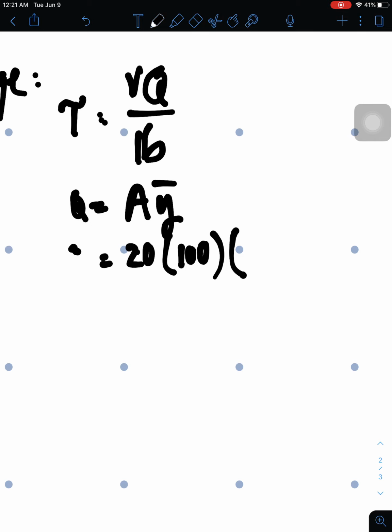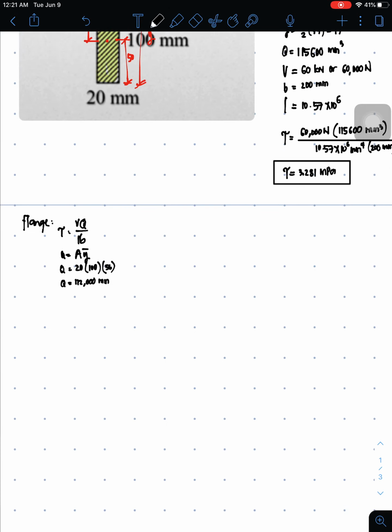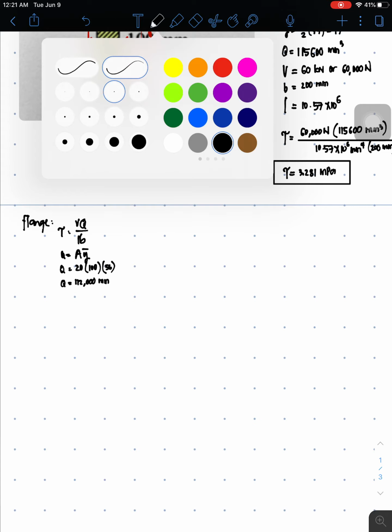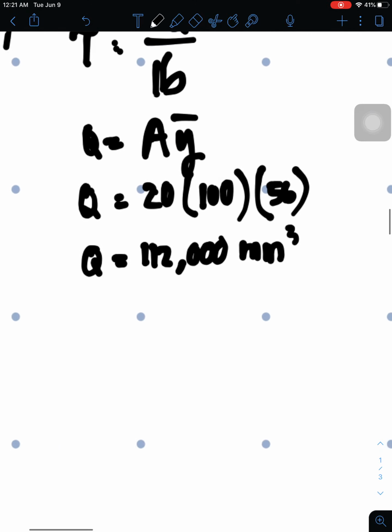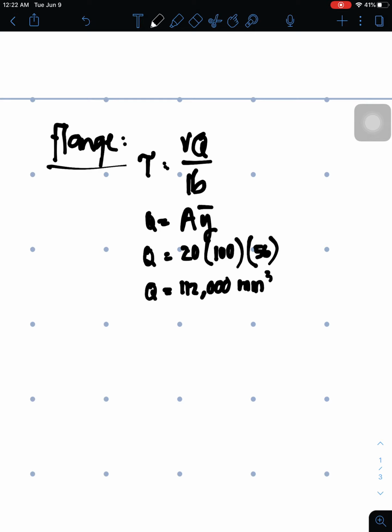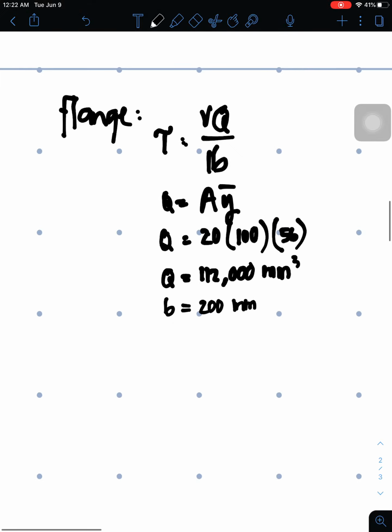And this is not area, but rather a Q. Q is 20 times 100 times 56. It's 112,000 mm cubed. And the base, since we're talking about the flange, is the horizontal one, 200.